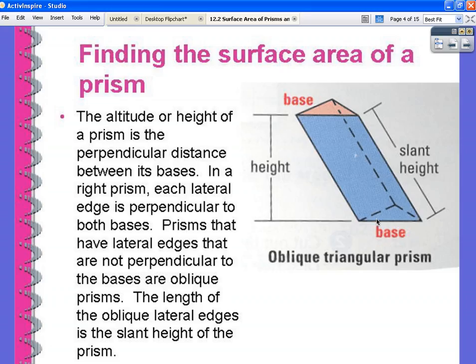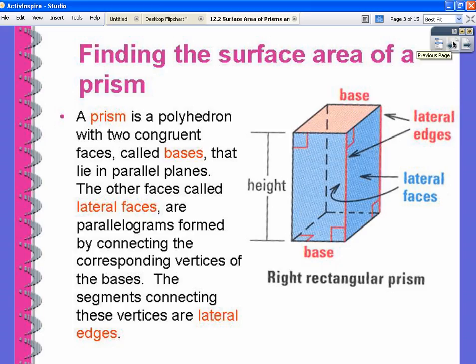Notice there's a flat triangular base, and then on top of this thing there's another flat triangular base, both of which are horizontal, right? But it's been pushed over to the side, so it's not a right prism. That's a right prism. Questions on that? Does that make sense? So there's a right prism. There's an oblique prism.